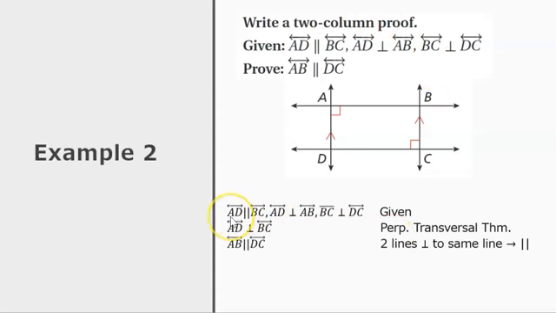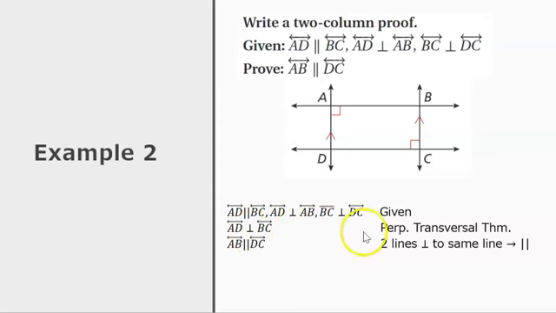In my proof, I started out with the given statement. AD is parallel to BC, AD is perpendicular to AB, and BC is perpendicular to DC. Then, because I know that this line is parallel to this line, and this is perpendicular, I use the perpendicular transversal theorem to say that AB is perpendicular to BC.